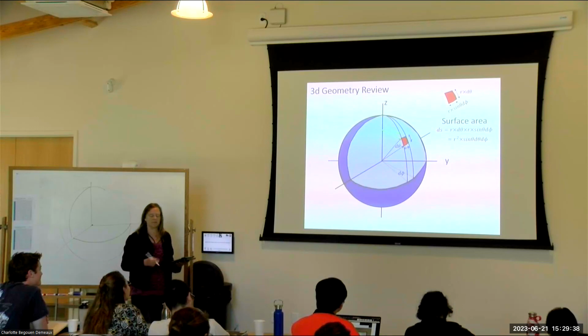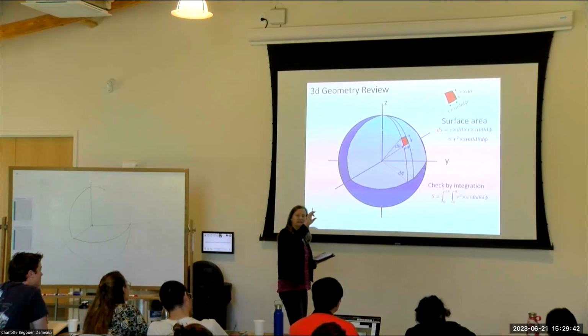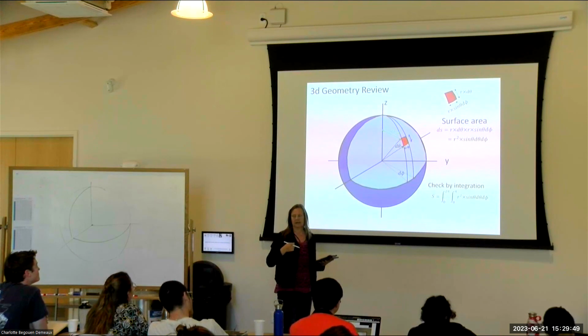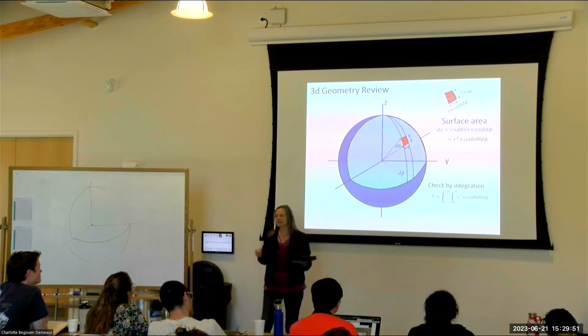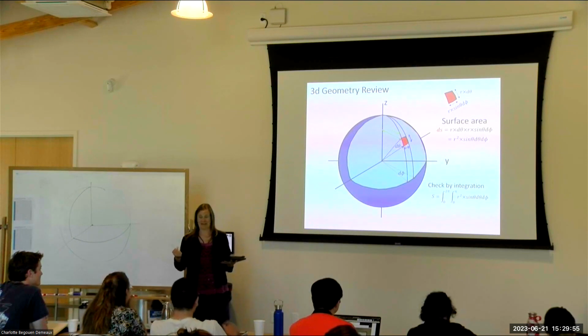But let's make sure we've done it right, because we have to integrate. We're going to integrate that little infinitesimal portion of surface area for the whole sphere. We know what the surface area of a sphere is, or you can look it up, or it might sound familiar when we get there.